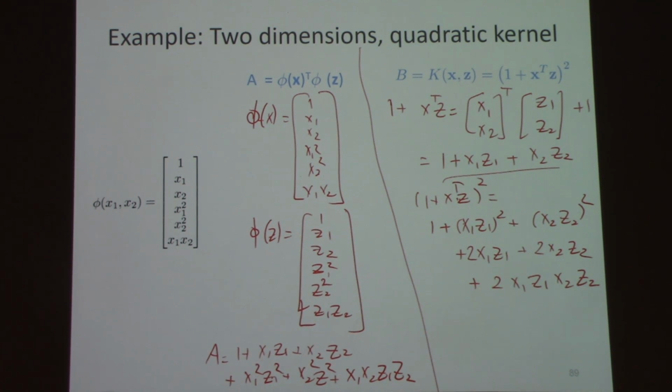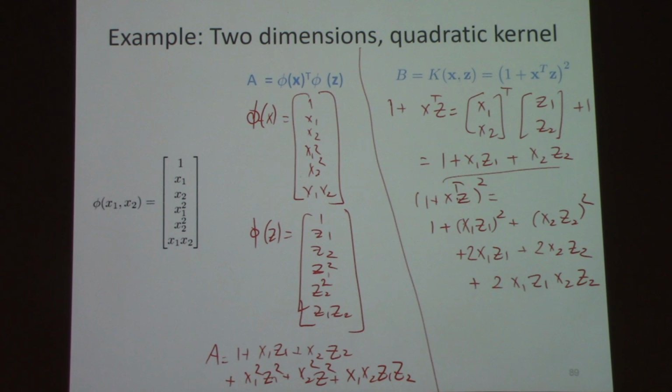So, what have I proved here? Now, the interesting thing here is, in order to compute the value of A, what has happened? I first had to blow up x to phi of x, I had to blow up z to phi of z, and then compute the dot product. So it requires memory, because you need to store all these things, and it requires time. I need to iterate over this whole thing.